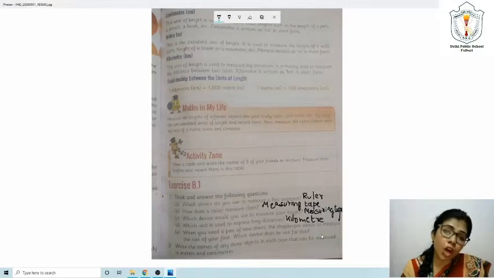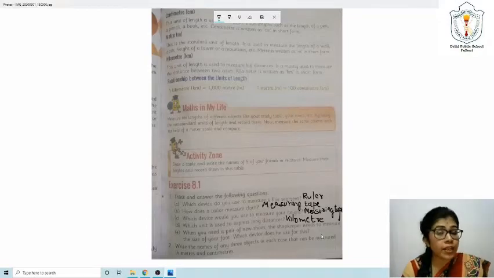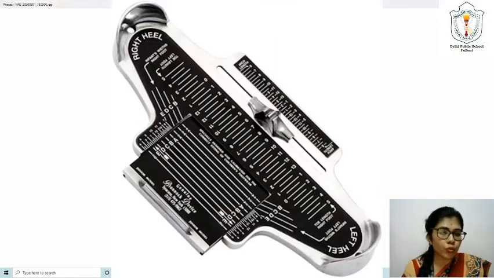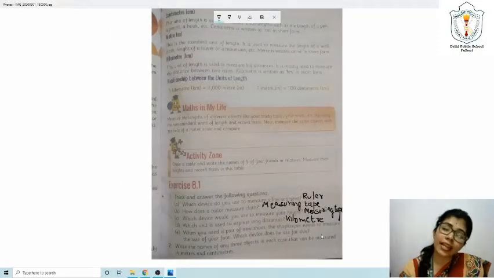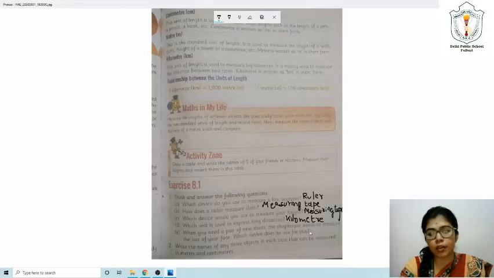They will measure the length of your foot and what size of shoe you require. There is a particular device for that, and if you go to a shoe shopkeeper you will certainly find it. So this time when you go, please check it out. So what is that? That is the Brannock device.